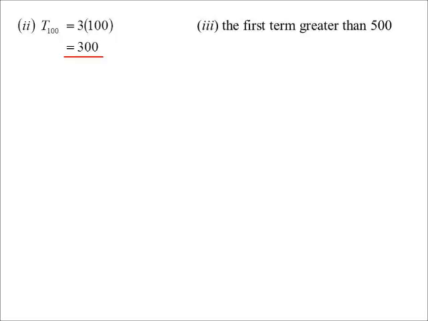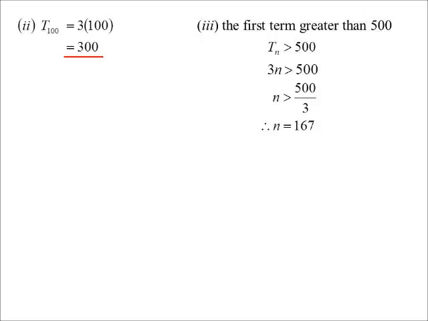Which term will be the first one bigger than 500? So I get my general term and I say, well, when is my general term greater than 500? And that's the inequality that I want to solve. So when is 3n greater than 500? n greater than 500 over 3. Now obviously there's lots of numbers that are bigger than 500 over 3. We just want the first one, and it has to be a whole number.